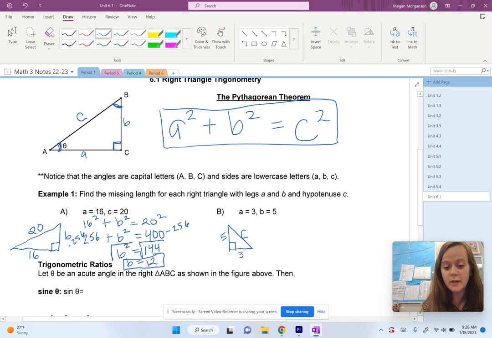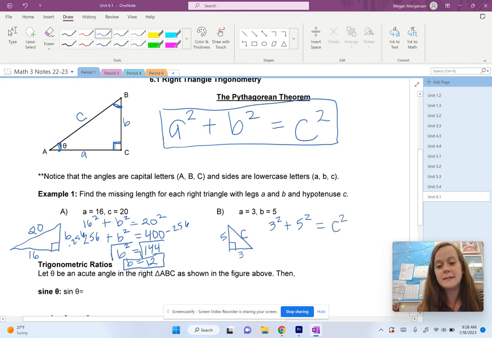So again, I'm just going to plug them into the equation. a squared plus b squared equals c squared. So a is 3, so we've got 3 squared. b is 5, so 5 squared. And then c, we don't know. We need to figure out what c is. So let's simplify and solve. 3 squared is 9. 5 squared is 25 equals c squared.